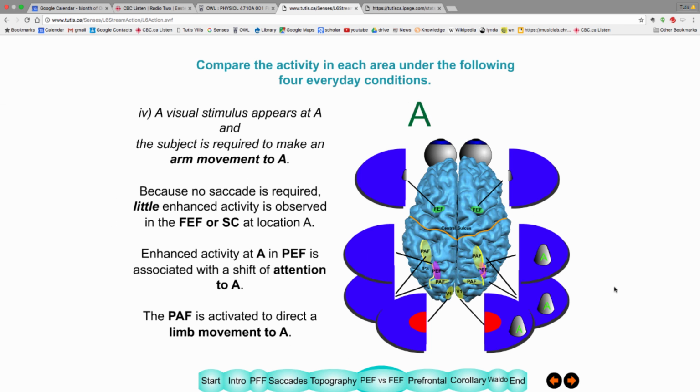Okay. So attention is directed to A, so you'll have activity both in the parietal eye field and in the parietal arm field. But because you're not asked to make a saccade to there, your fixation will be still straight ahead, but some other structure will initiate a pointing movement towards it.